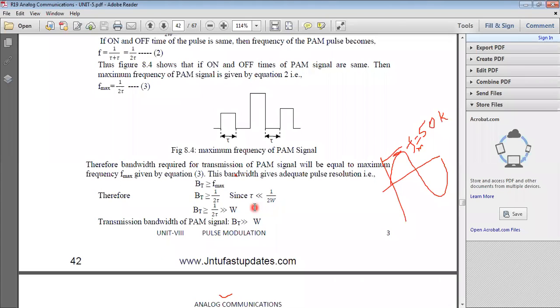So according to this we can write BT is greater than or equal to 1 by 2 tau, which is less than W. So the transmission bandwidth required for the PAM signal must be greater than W. What is W? The maximum frequency of the message signal.